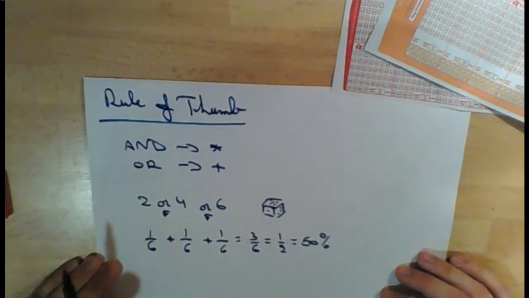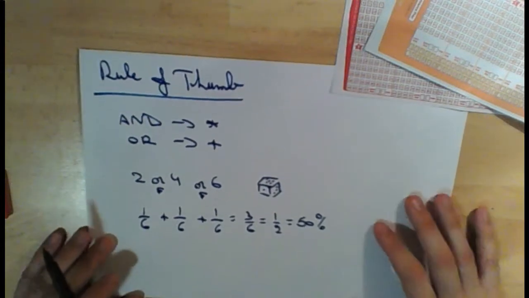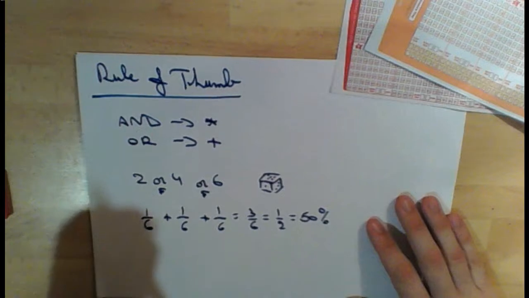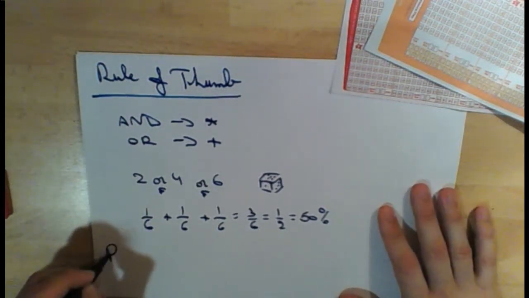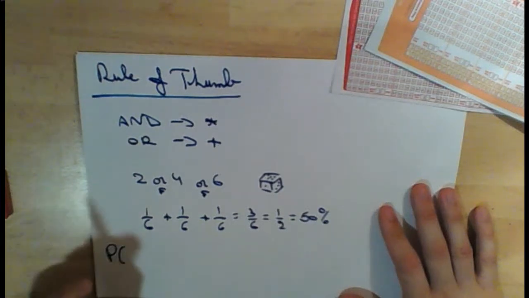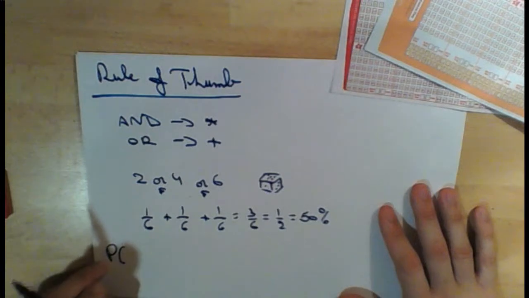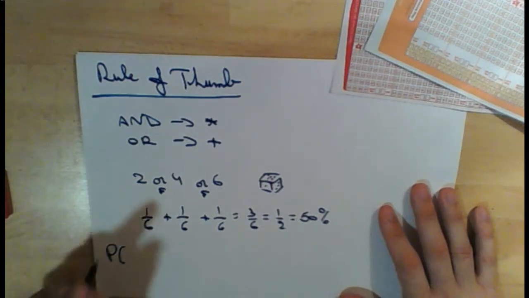Okay, now another formula that is quite handy is the probability. The terminology and the notation is a bit confusing. This is not the P for permutation now, this is the P for probability.